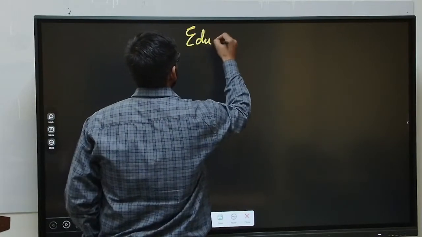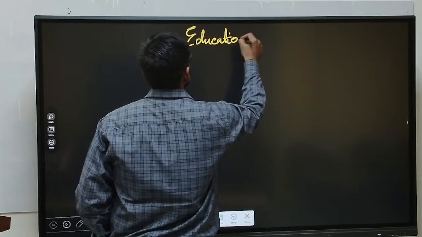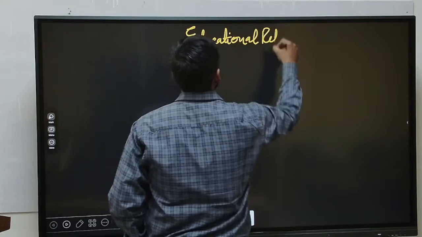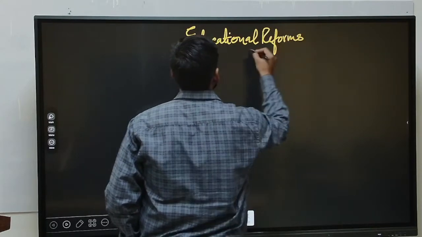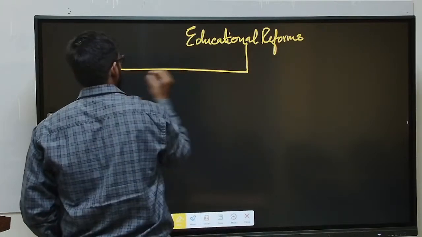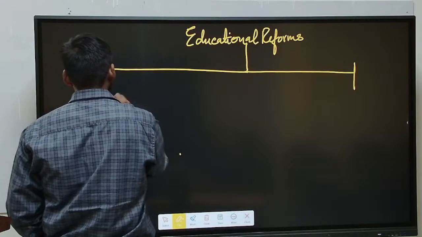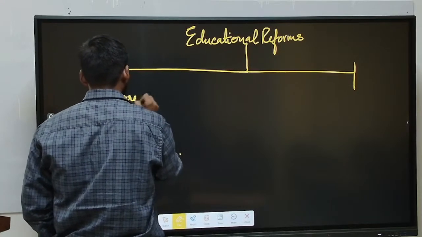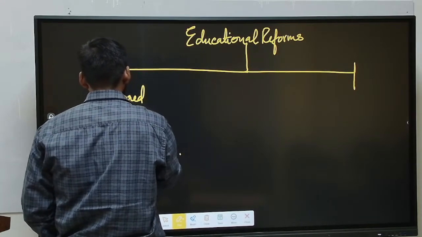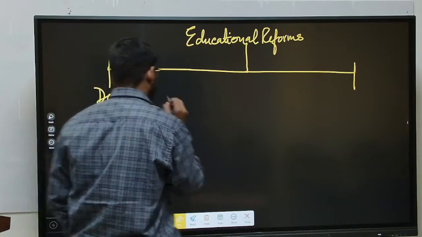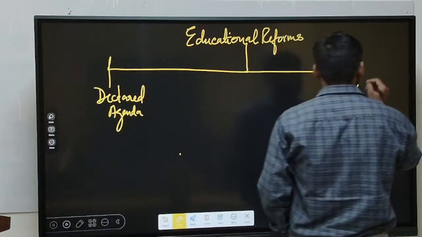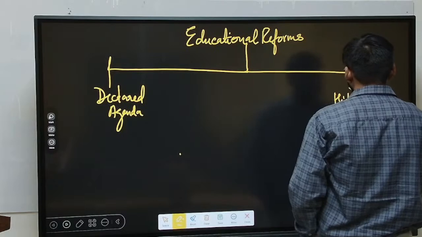Now through educational reforms, Curzon had two agendas: declared agenda and hidden agenda.